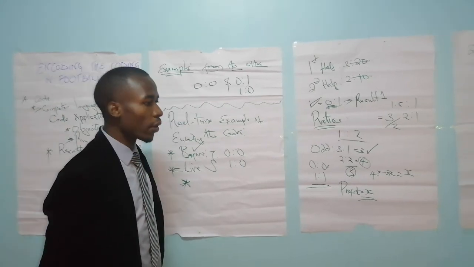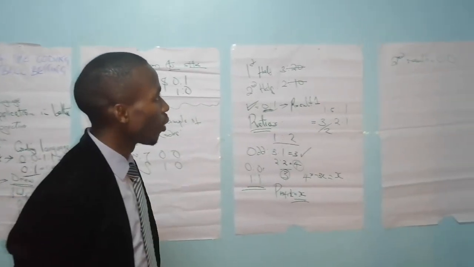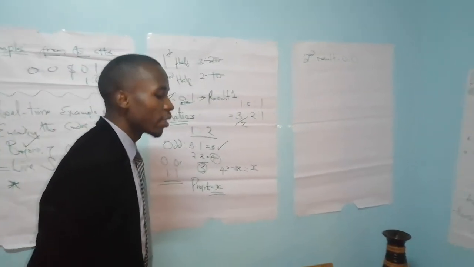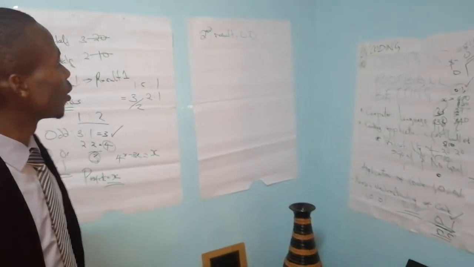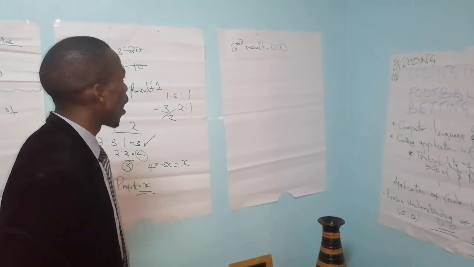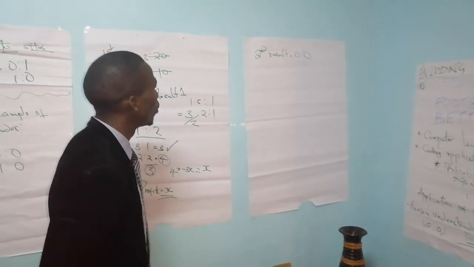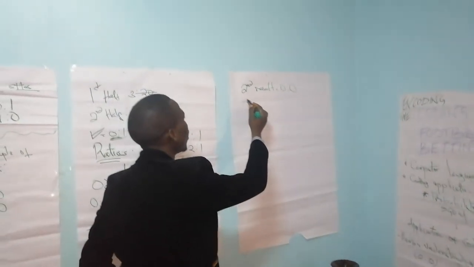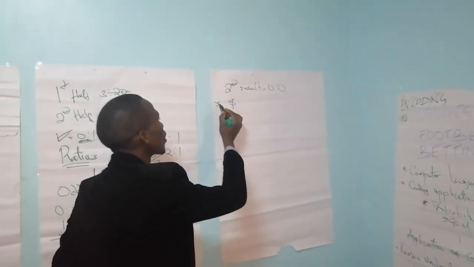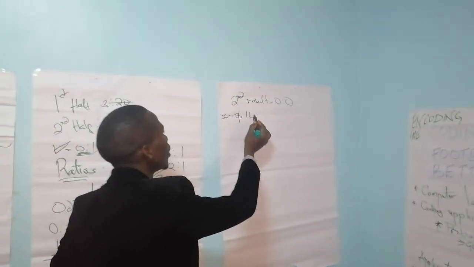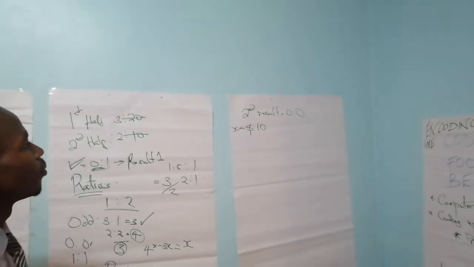I want us to go direct to the website where a live bet is running. Before we do this, I want to give a figure of x to be $10.